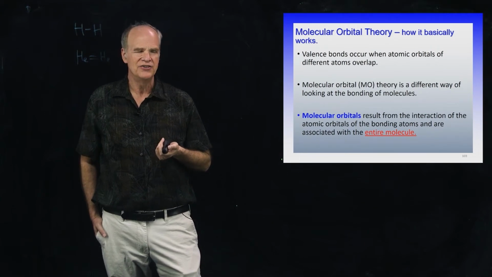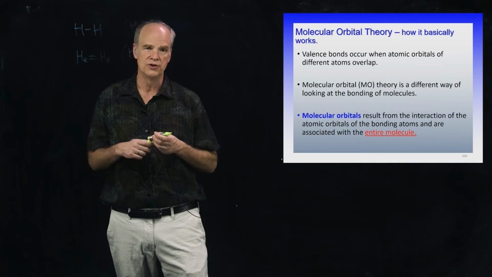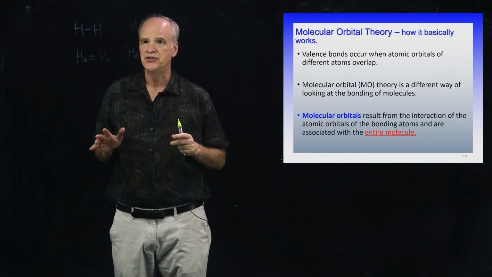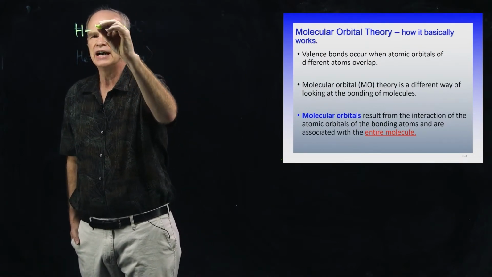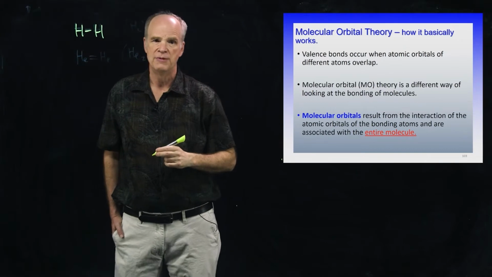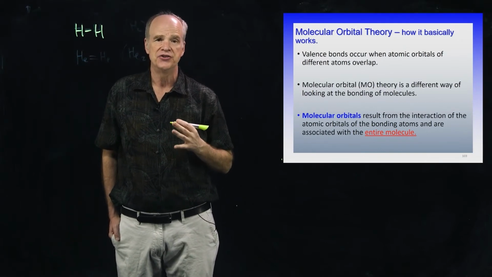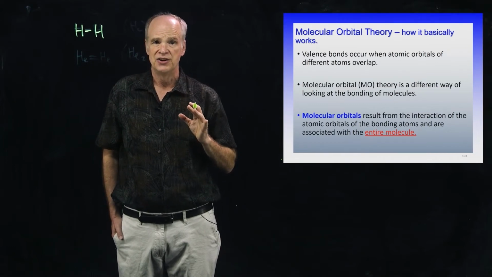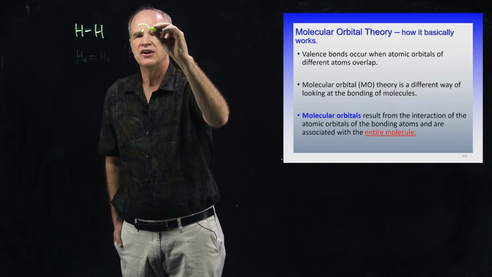Okay, now I want to talk a little more about how molecular orbital theory differs from valence bond theory. Let's take a simple example again, the formation of H2, also called diatomic hydrogen. You already know what valence bond theory says about how this molecule forms. We have one hydrogen atom here.